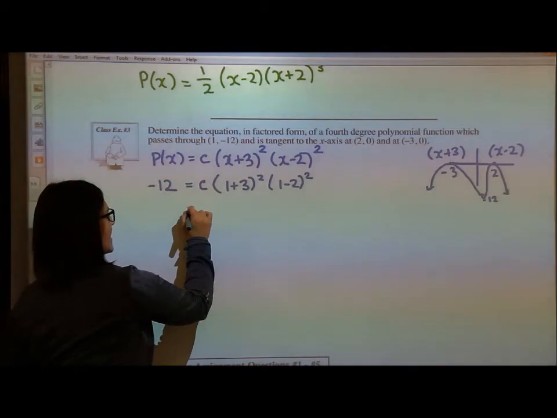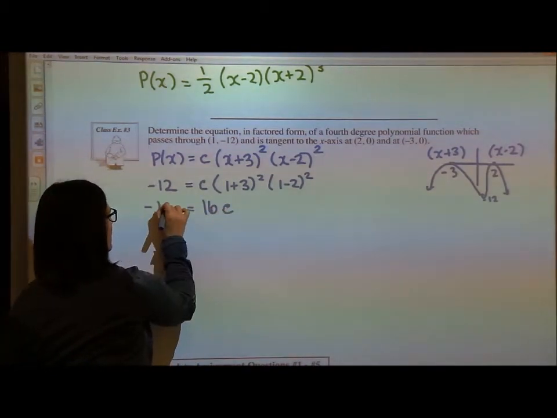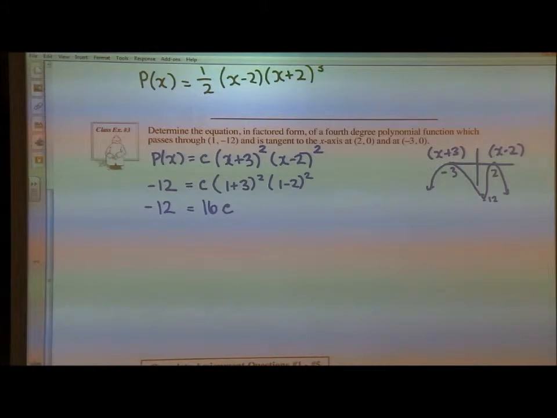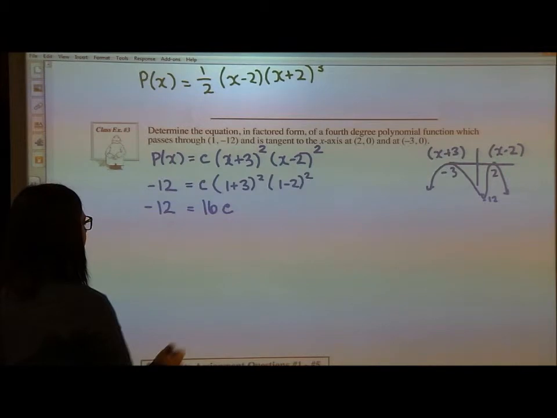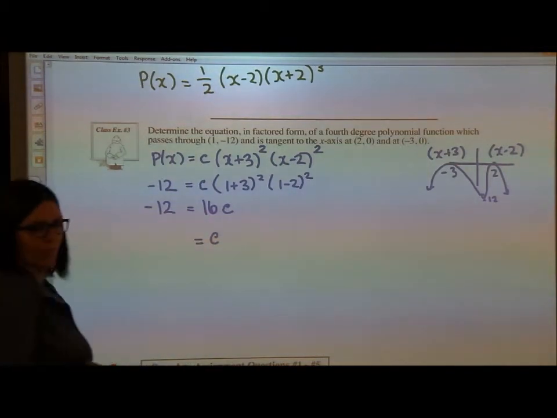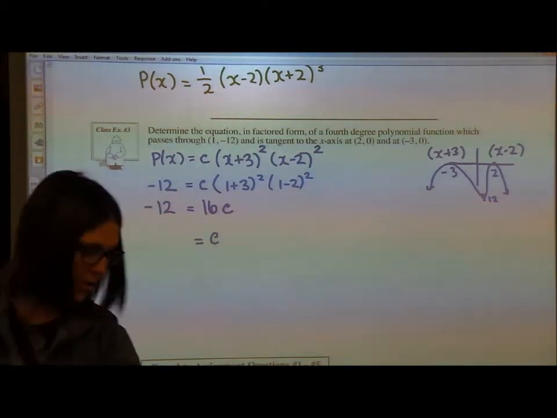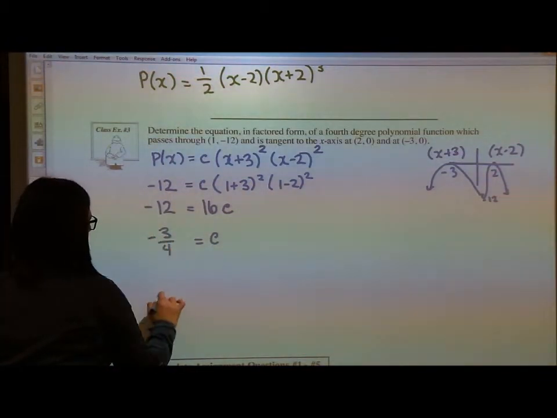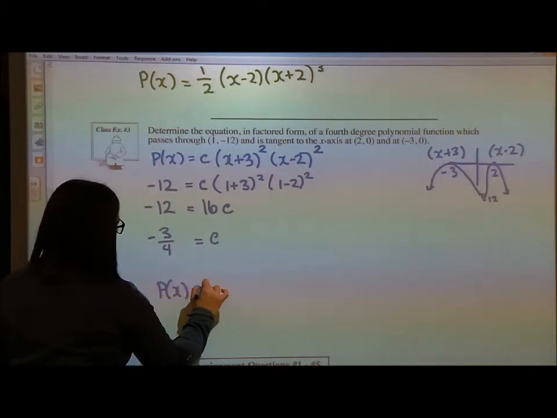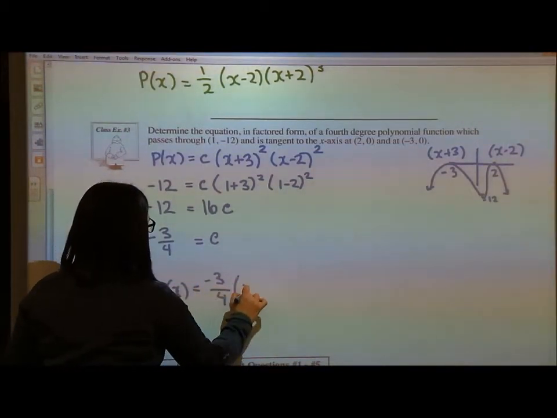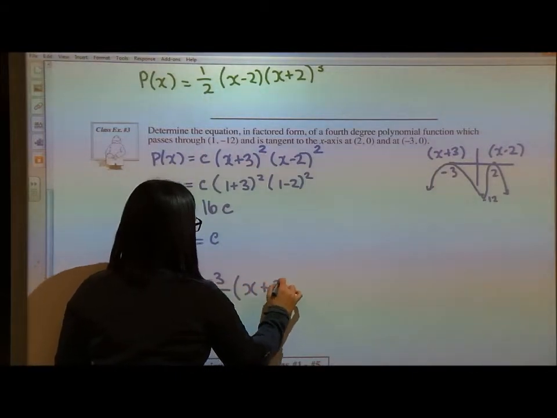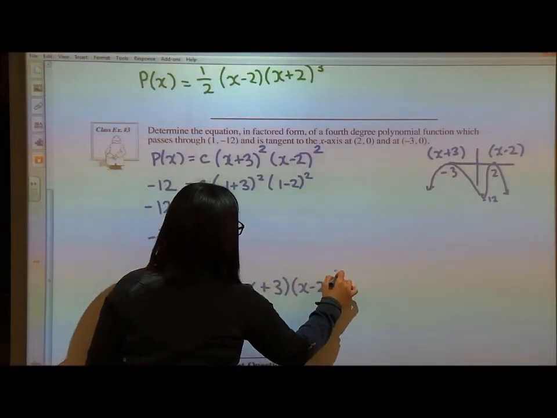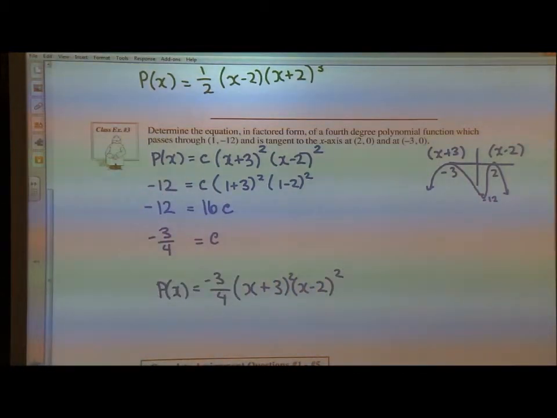So I'm going to have 16c on the right side, negative 12 on the left. Divide both sides by 16, and what would c equal? Negative 3/4. So then P of x equals negative 3/4 times x plus 3 squared times x minus 2 squared. Sorry, I forgot the squares.